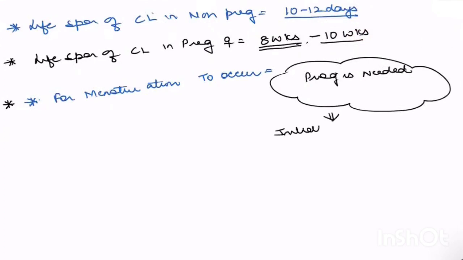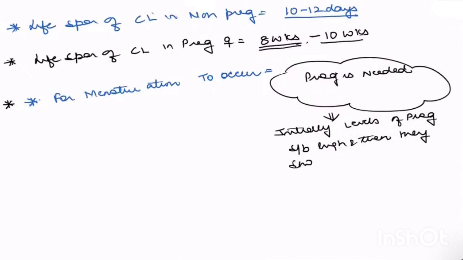Initially, the levels of progesterone should be high, and then they should suddenly decrease. Then menstruation will happen.